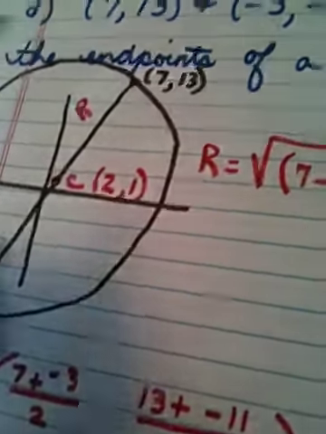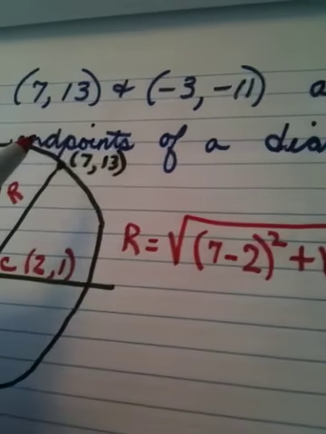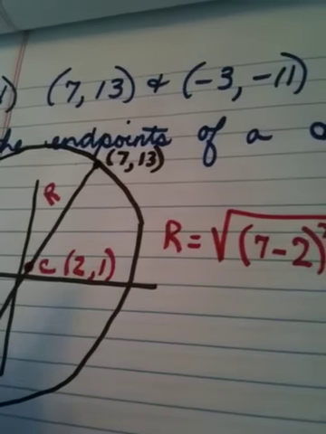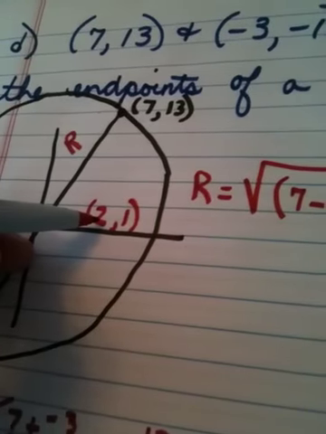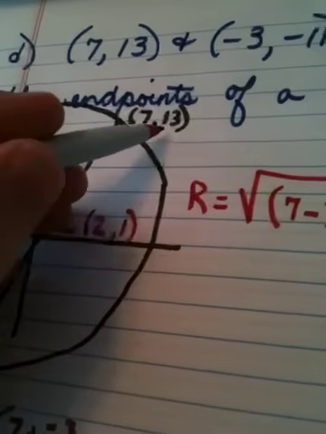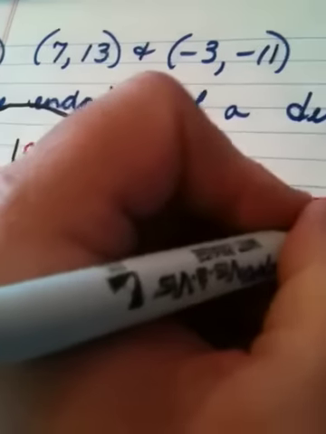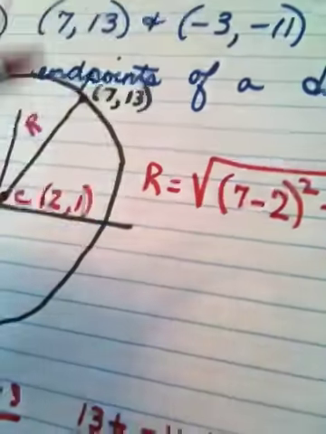You put a plus, and then you subtract the y values. Okay, now let's do it in the right order. We did 7 minus 2, and then we squared it. Now we're going to do 13 minus 1, and we're going to square it.